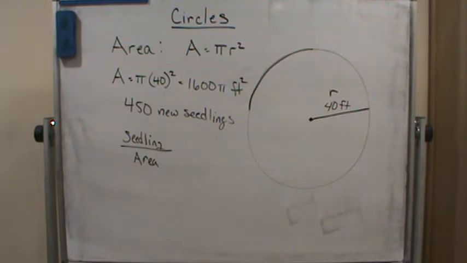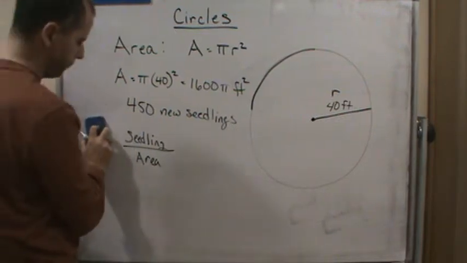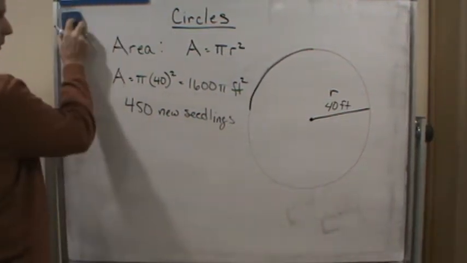Okay? So how do we do that? Well, one way to do that is to set up a proportion, right? So why don't we set up a proportion that relates that?